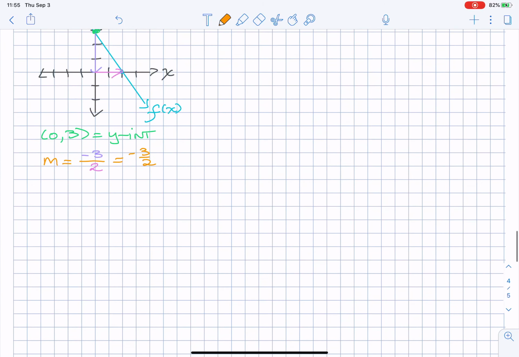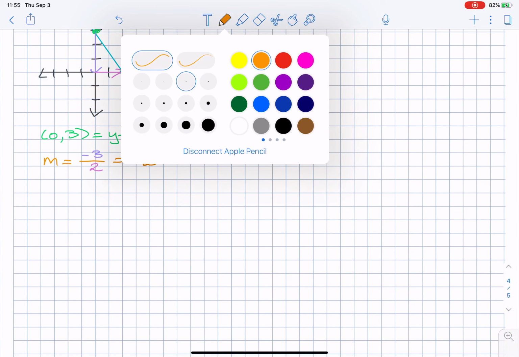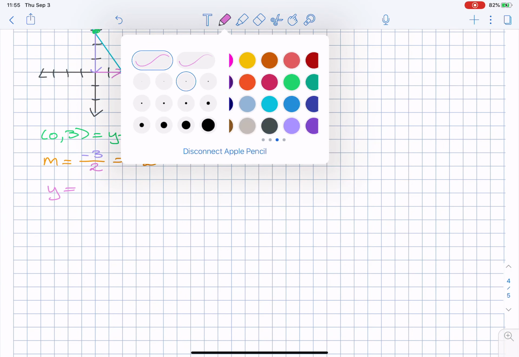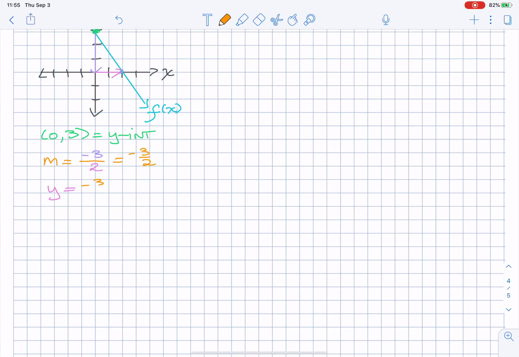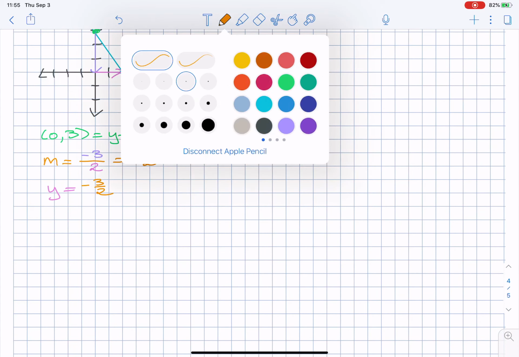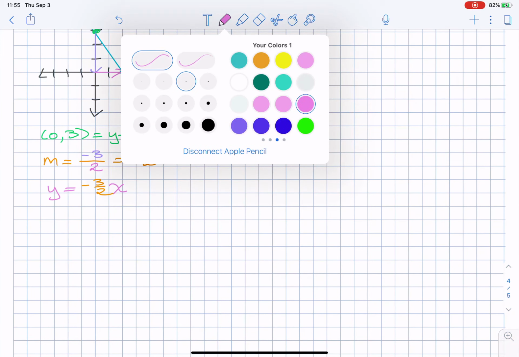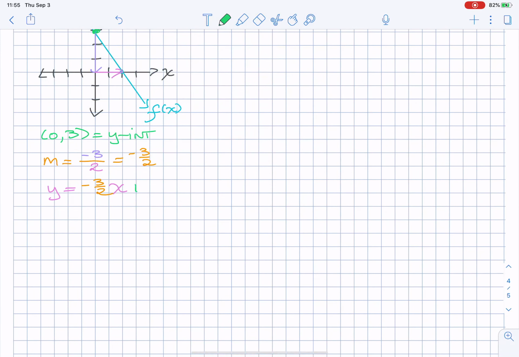So therefore, these two together give me that y is equal to -3/2 x. So mx plus b, well, what is b? It's 3.